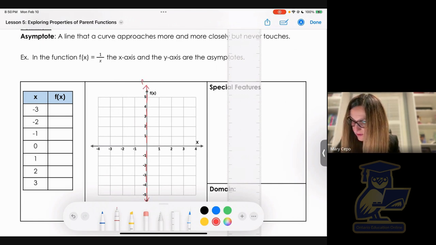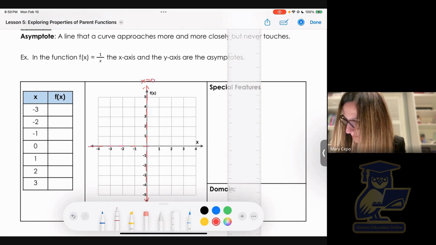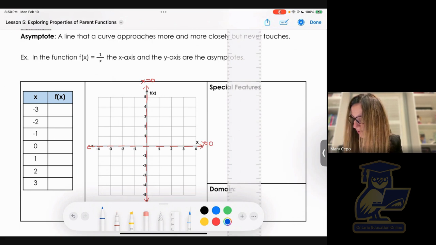So we have the vertical asymptote x equals 0, and then we have the horizontal asymptote y equals 0. It's always best to start there.